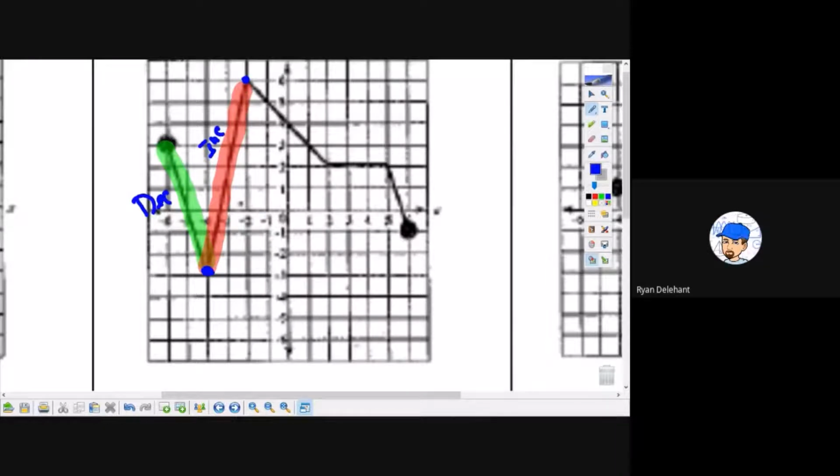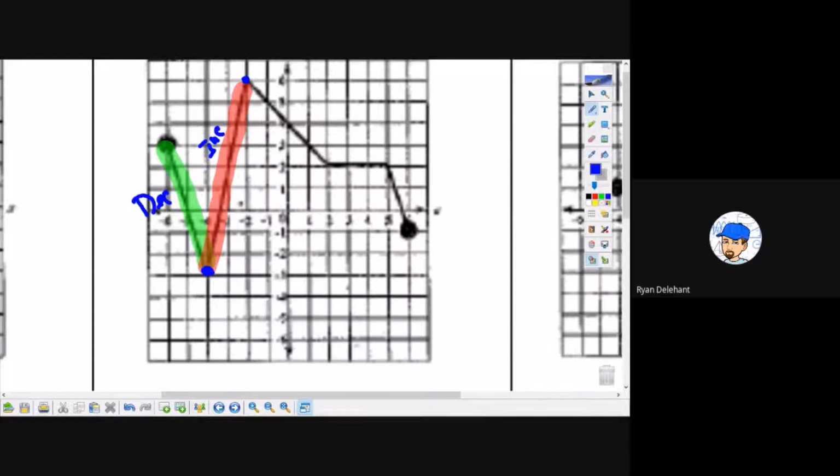Now with increasing and decreasing, we never include the points of change. So what I want you to think about, like you're jumping in the air. If you're standing on the ground, you jump in the air, what do you do first? Which way do you go? You go up, you increase, right? And then eventually gravity takes over, and you go back down. But what happens right at that exact moment at the top of your jump? Because if you jump, you almost feel like you're floating for like half a second, right?